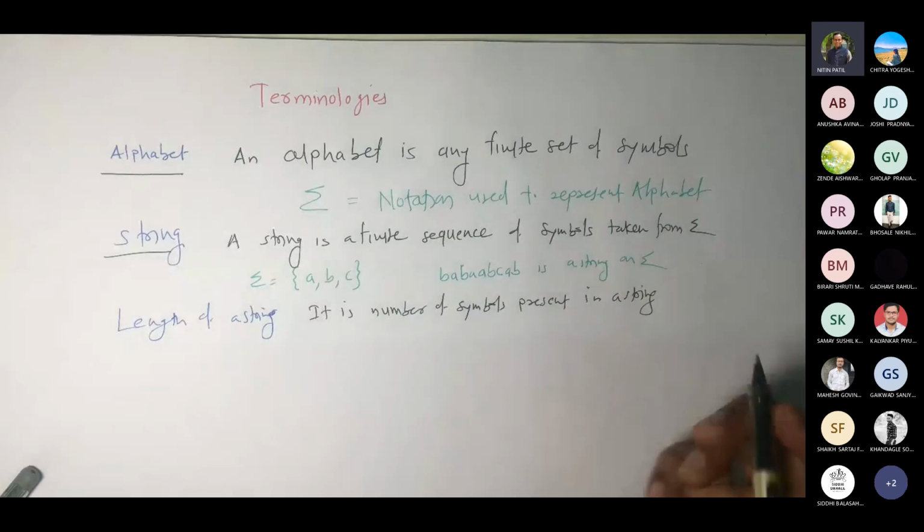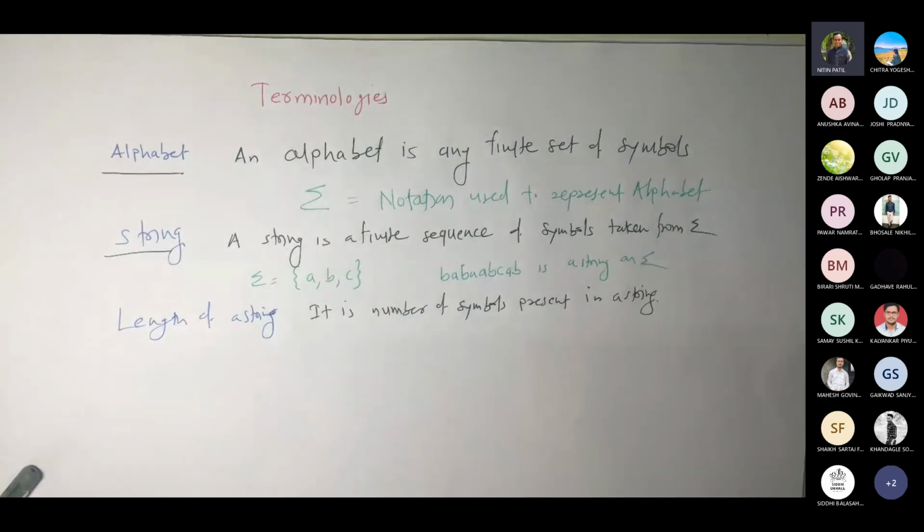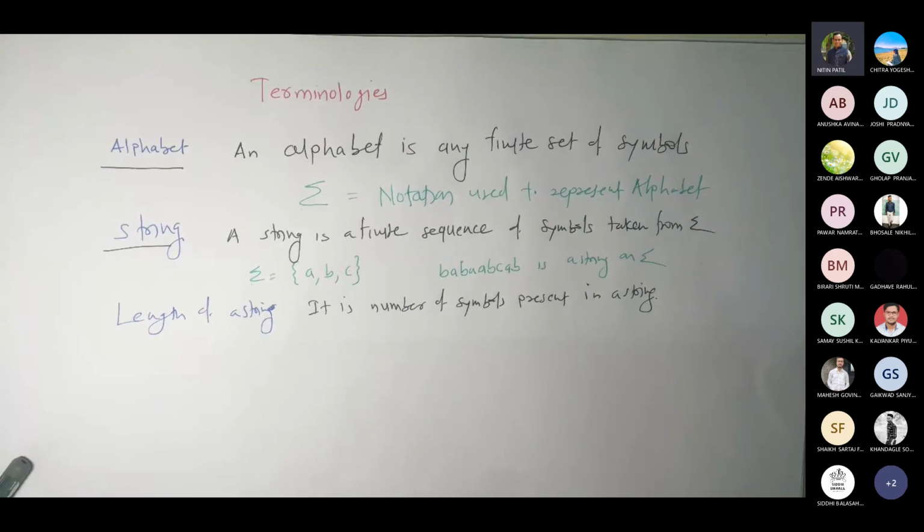Now suppose suddenly I stop writing and I don't say anything, what would be your reaction? Whenever one speaks in front of somebody, or even when you are talking with yourself, after speaking some words, maybe after every word there is a pause, where you identify, okay, I am speaking these many words.